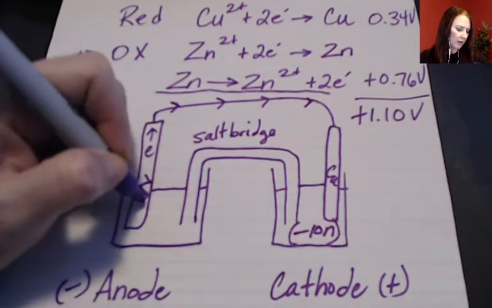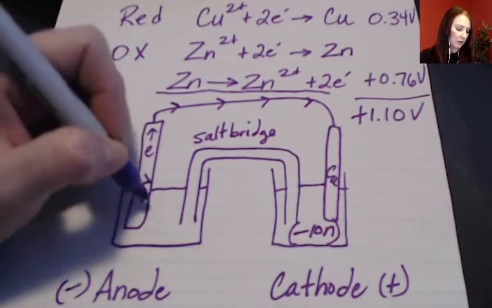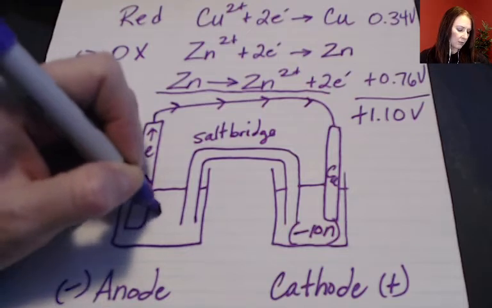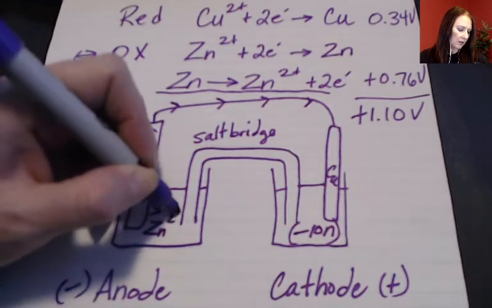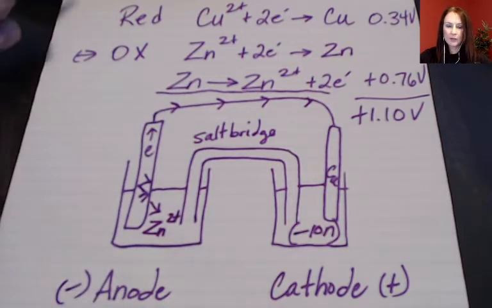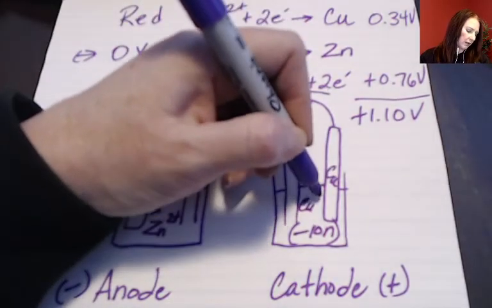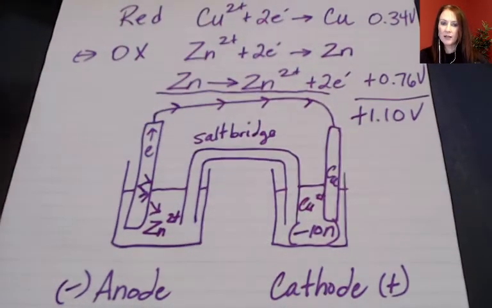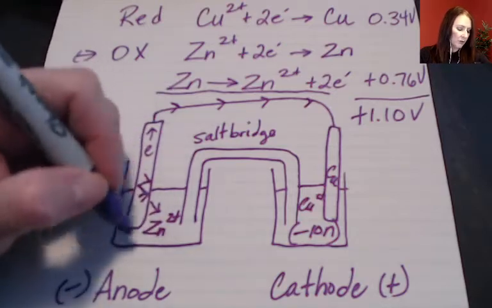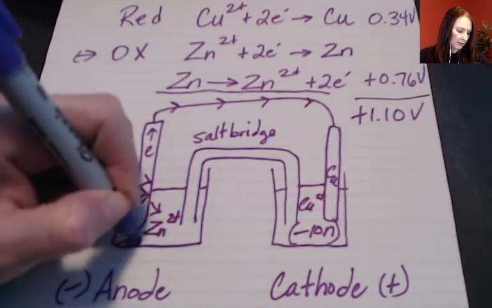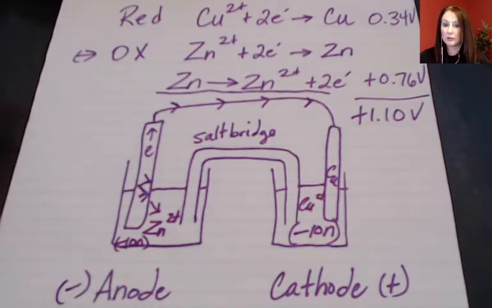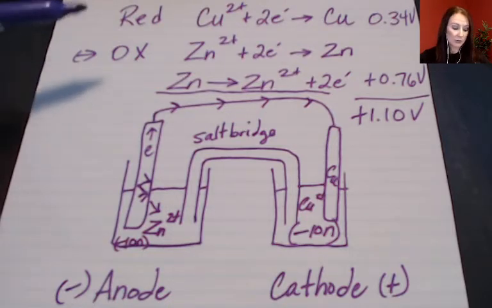And then on the other side, because your zinc has been losing those electrons, it's formed zinc 2 positive. Now, you've got copper 2 positive down here as well. These are positive ions on that side. And of course, there's also negative ions on this side, because you wanted to get your zinc solution there somehow as well. So there's a bunch of ions flowing around here in these different beakers.